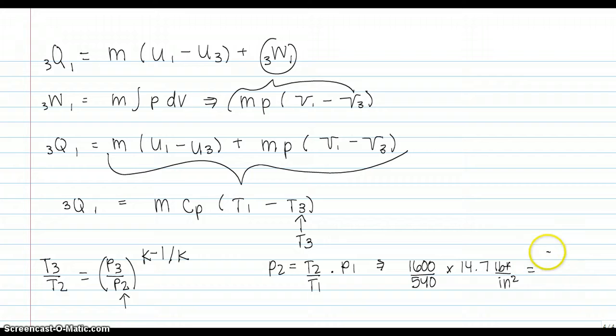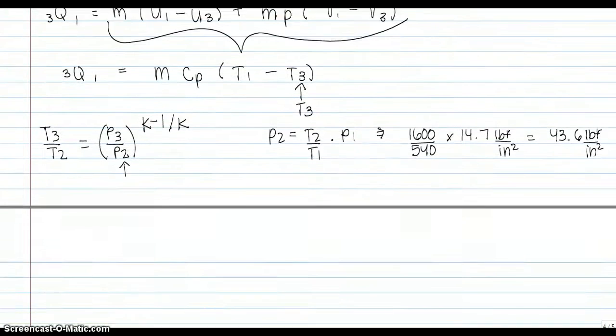So P2 is equal to 43.6 lbf per inches squared.